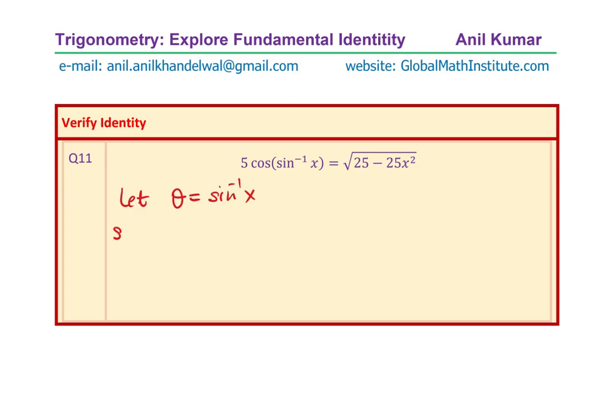In that case, sine theta is equal to x. Correct? So, we could begin with the left hand side, which is 5 cos sine inverse x, which is theta. You see that. So we substituted sine inverse x with theta here.